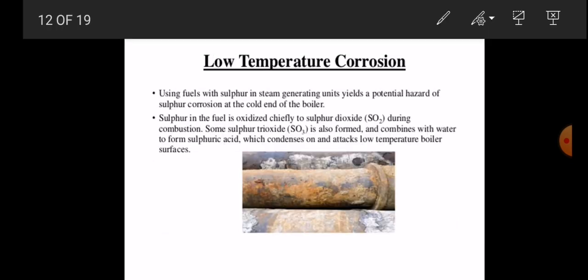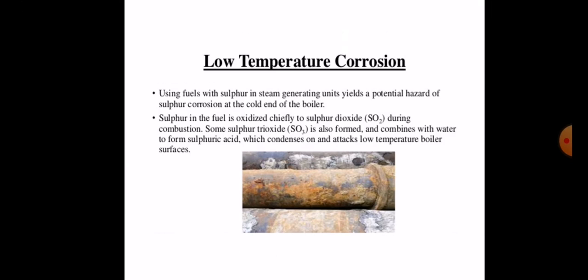Further you can see low temperature corrosion, due to using fuel with sulfur in steam generating units, yielding the potential hazard of sulfur corrosion at the cold end of the boiler. Sulfur in the fuel is oxidized to sulfur dioxide during combustion.